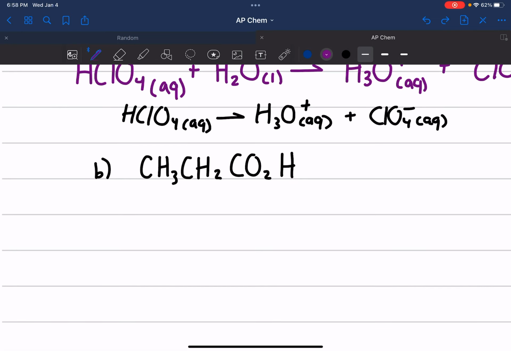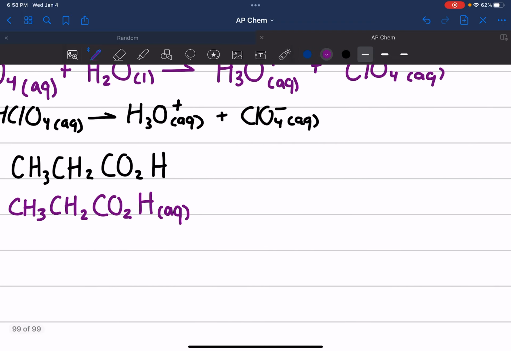But one thing I want to note is that there's definitely going to be a reverse reaction. I can just look at this and see it is 100% a weak acid because I see the carboxyl group. That's the connection we're supposed to be making. So I have CH3, CH2, CO2H, and yes, you can write your plus water, but I'm not going to.